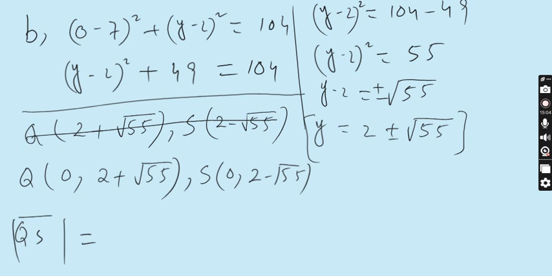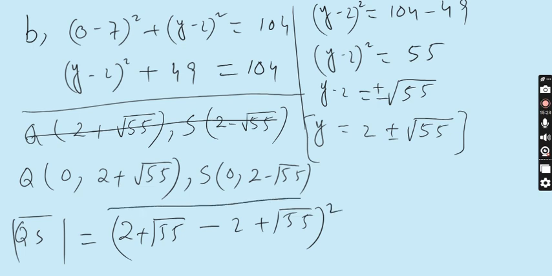This should be positive. So 0 minus 0 is 0 square, so no need to write, and 2 plus root 55 minus (2 minus root 55), whole square root. I use the distance formula.